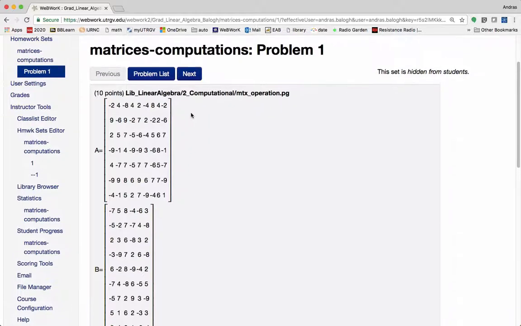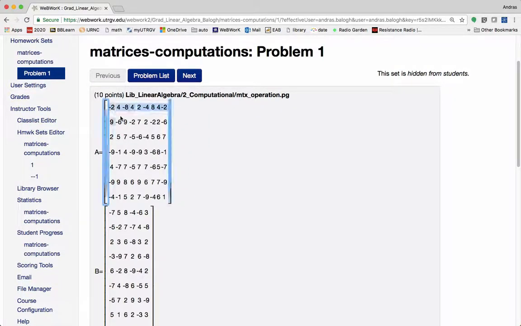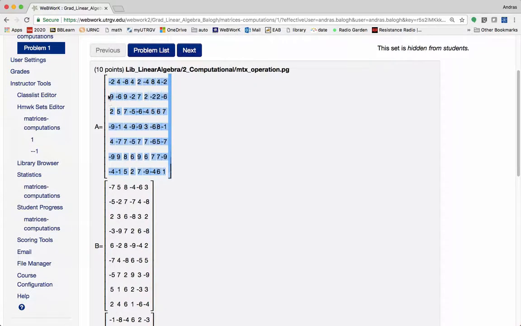Most of these should be done using copy and paste. What's of course very dangerous with copy and paste is that it's easy to miss things. Especially I noticed that when I copy and paste matrices from WebWork, it's easy to miss these negative signs in the 1-1 entry. So please pay attention to that.